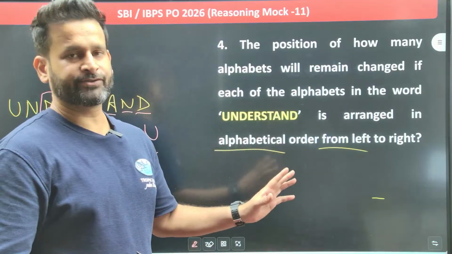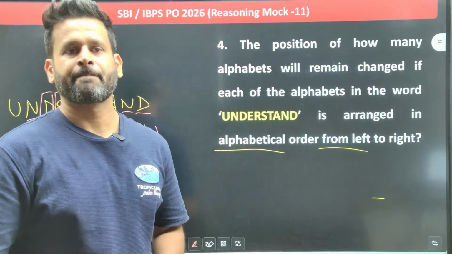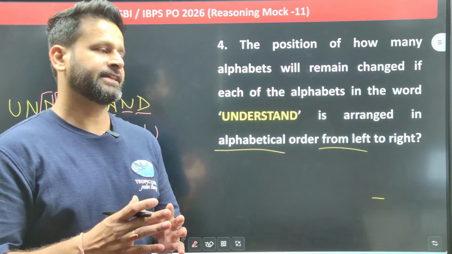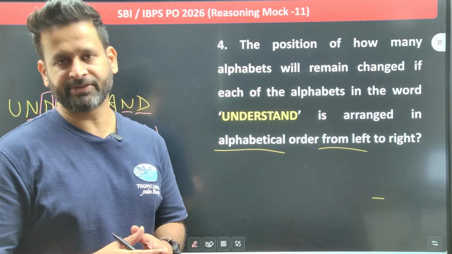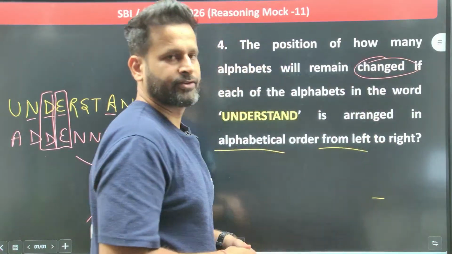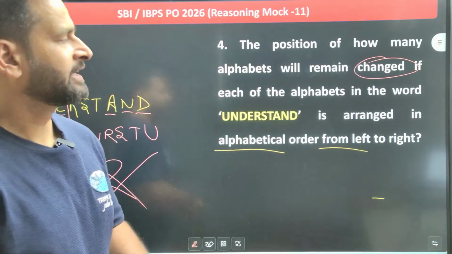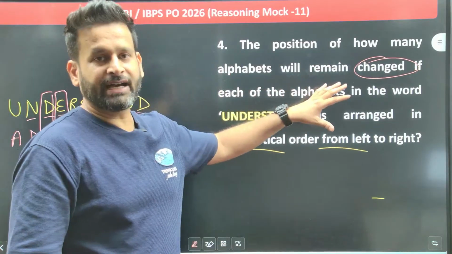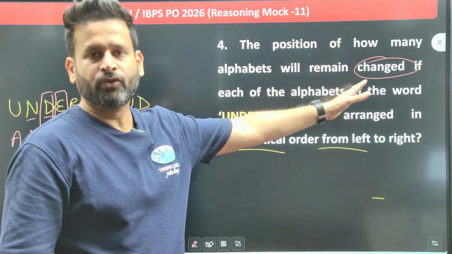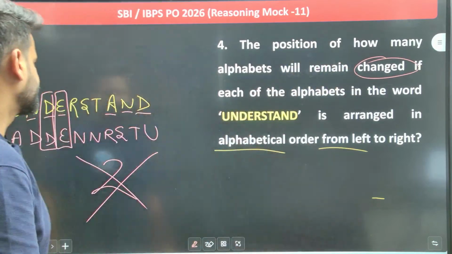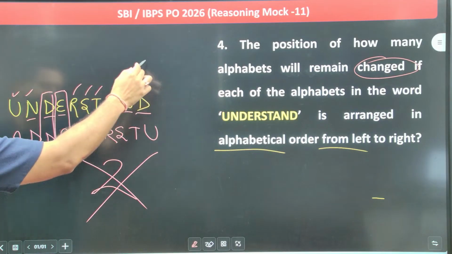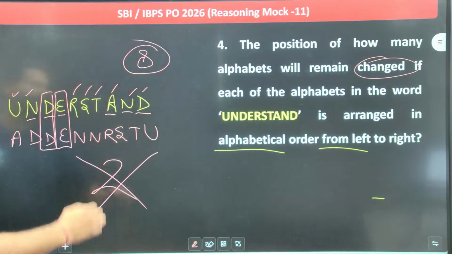Whenever I give this question just after the previous question, and if you are watching my classes for the very first time, then there is a huge possibility that you will make a mistake because you will not read this properly. In this question, I am asking how many digits have changed, whose position has changed. This one is the same. So 1, 2, 3, 4, 5, 6, 7, 8. Answer will be 8.